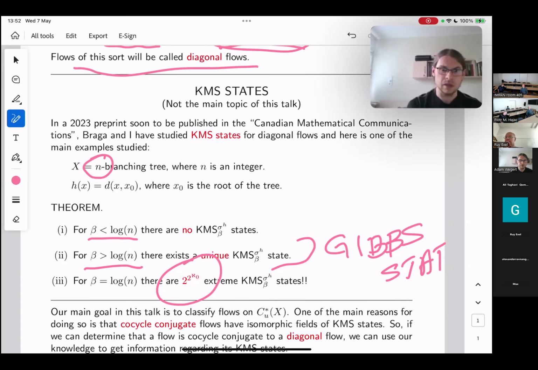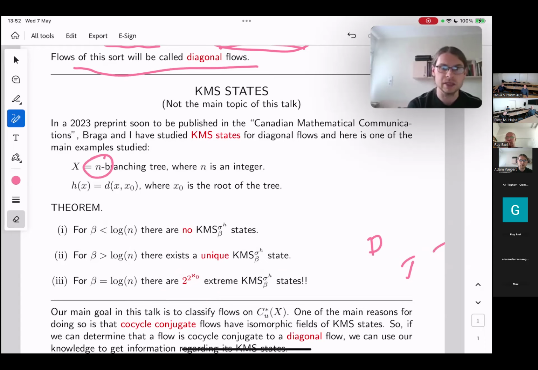Yeah, I'm also very much confused. Usually the situation is that for large beta you have many KMS states, but for low beta, beta is like an inverse temperature, yes? Exactly. Small beta corresponds to a hot situation and one KMS state, kind of chaos.